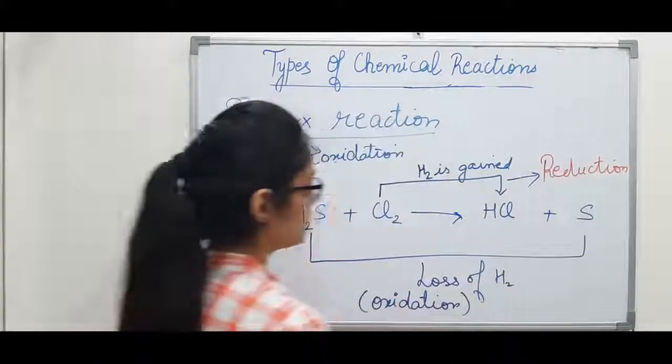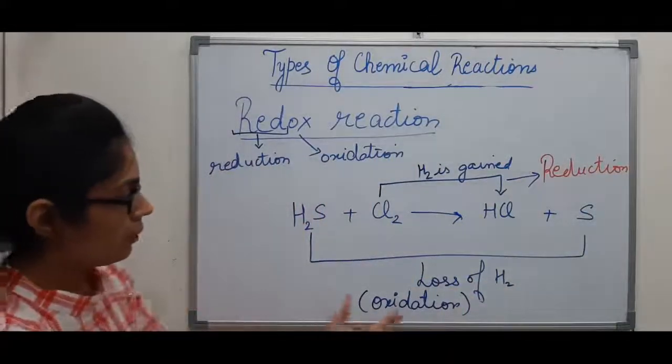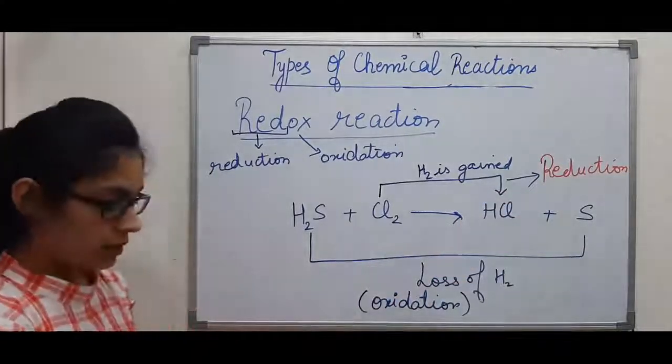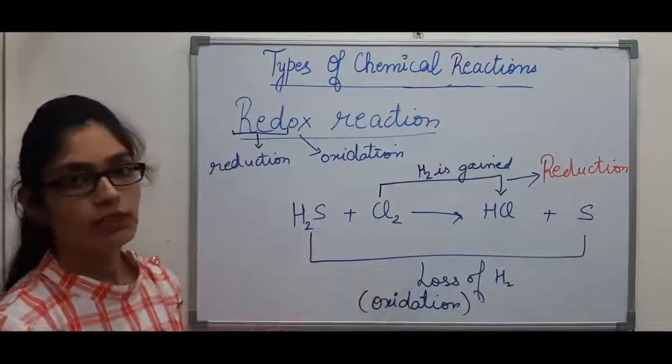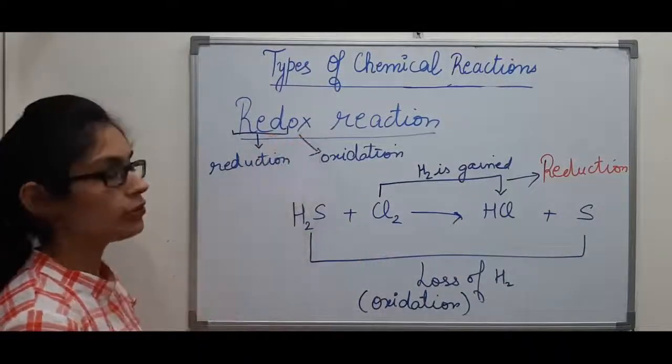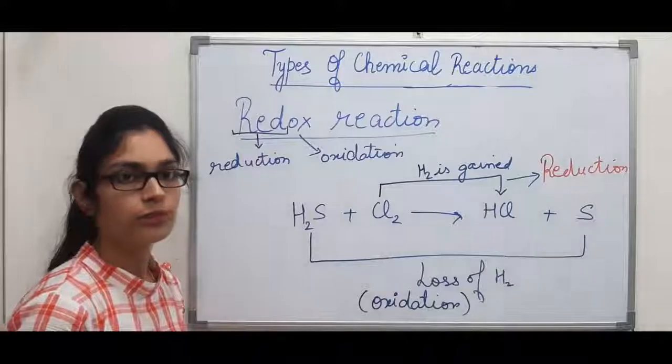Now you can see in the given example, both oxidation and reduction are taking place. If both oxidation and reduction are taking place in a chemical reaction, this means the given reaction is a redox reaction.